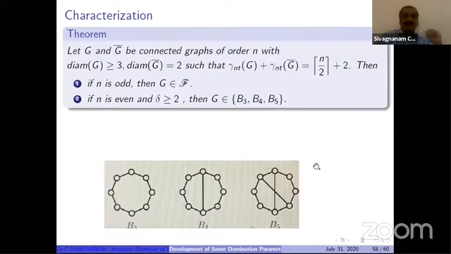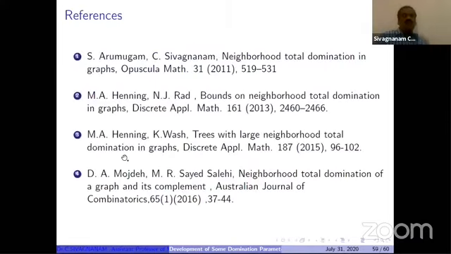For this talk, I am using these 4 papers. The first paper is written by Professor Zarvam and myself, and in this paper we wrote mostly the introduction part. From this, Henning and Rad give bounds on neighborhood total domination number, and they characterize the upper integral n by 2 bound and so on.